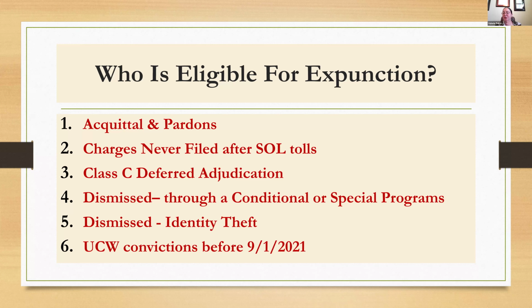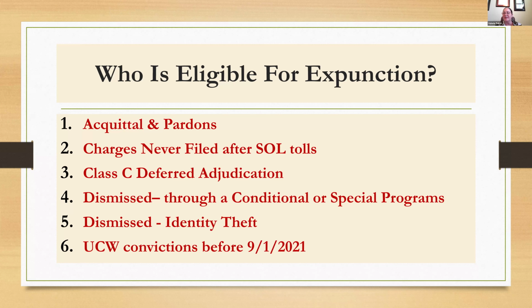That's huge. People who graduate and finish the program are eligible for an expunction immediately. They don't have to wait a time period because it's not a deferred. It's a dismissal of the charge. And so that's pretty big.